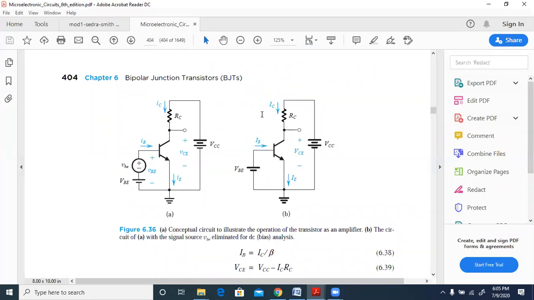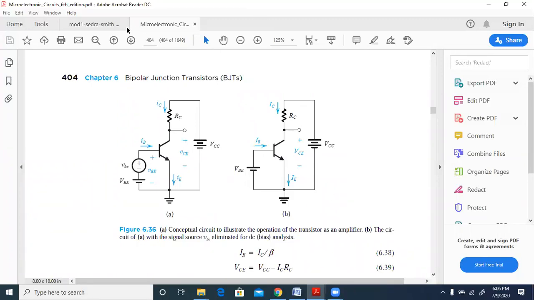VCC is 10 minus the value 0.5 milliampere multiplied by 10 kilo ohms. That will give us the value which is 5 volts.